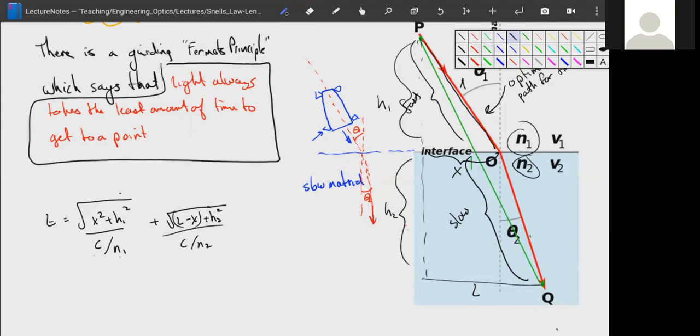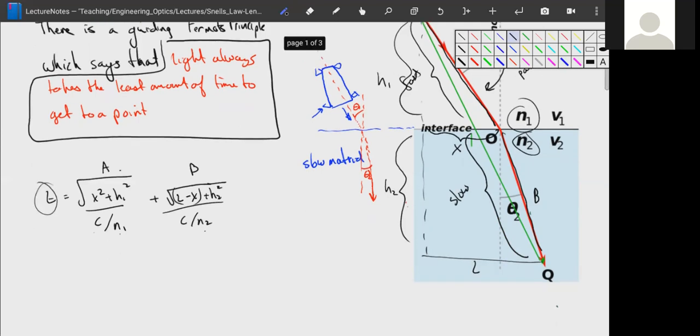We'll call this A. This is A, that length, divided by the speed of light in that medium. And this length is B, divided by the speed of light in the second medium, n2. And we add those two times together because distance divided by speed gives us time.